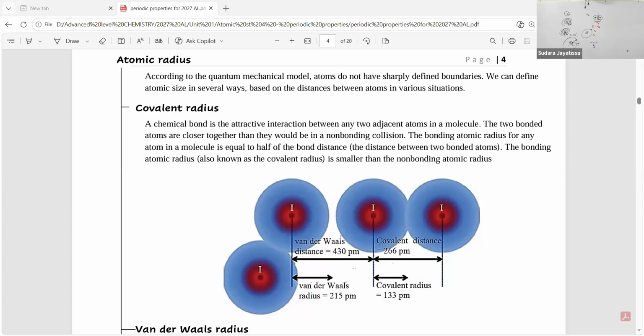Don't say no, there is an overlap. Van der Waals radius you can say larger because there is no overlap.